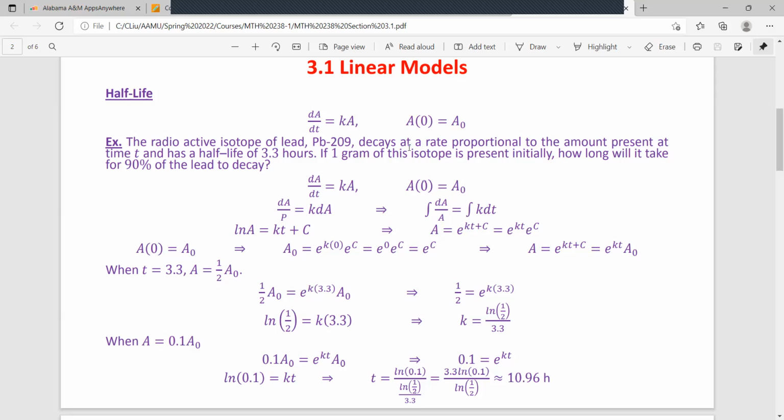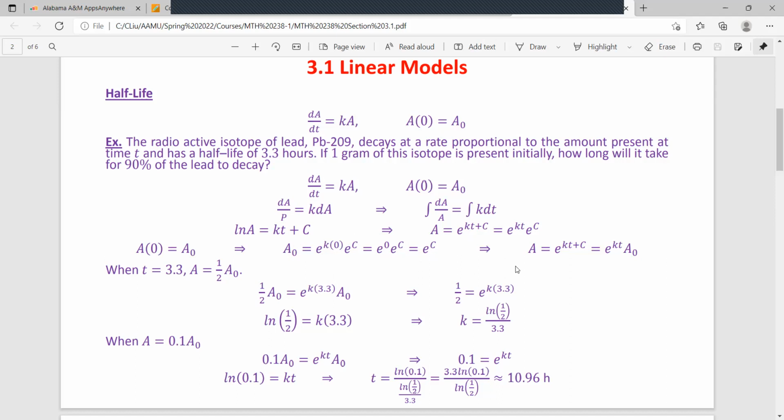Now using the initial condition A of 0 equals A0 to determine e to the C, plug in A0 for A and 0 for T in the solution. We get A0 equals e to the K times 0 times e to the C. K times 0 is 0 and e to the 0 is 1, so that's just e to the C on the right side. That means e to the C is just A0.